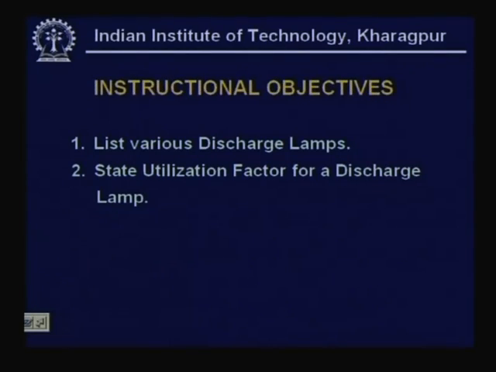We saw that when certain radiation bands are closer to the peak sensitivity of the eye, there is a higher utilization, which is the case with a sodium vapor lamp, whereas there are two distinct bands as far as mercury vapor goes. In the low pressure zone, the sensitivity of the eye is very low, with hardly any utilization, and to some extent it improves when we go in for high pressure mercury vapor lamps. This is the issue.